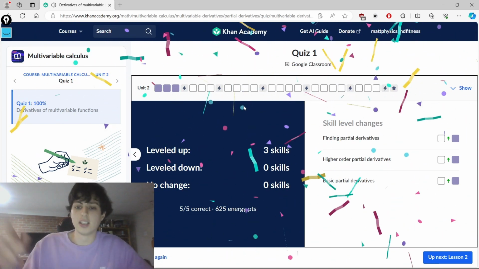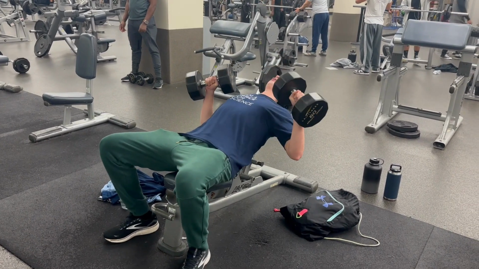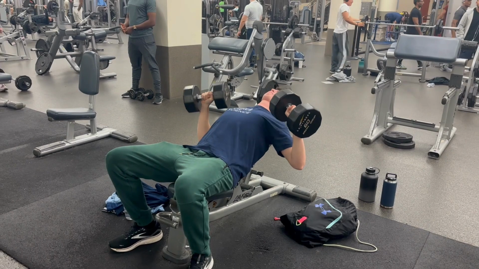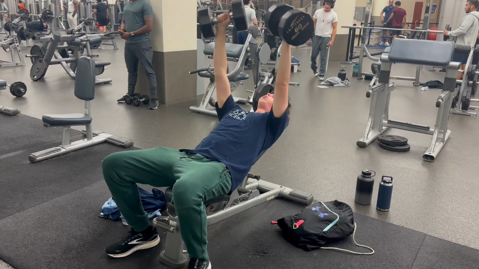And I think with that, let's check our incline dumbbell press for the week. As soon as I saw the camera. God damn.